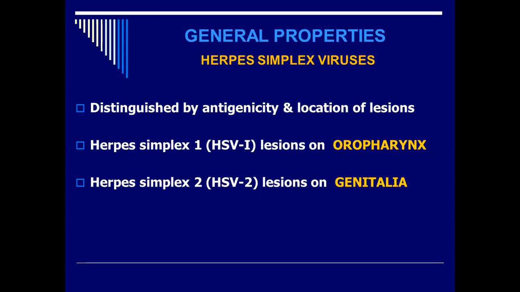Herpes simplex 2 forms lesions below the waist, particularly in the male and female genital organs. So broadly speaking, HSV1 infects above the waist, and HSV2 infects below the waist. Below the waist we have mostly genital lesions, and in the case of HSV1 above the waist, it is mostly the face and the oral cavity that are involved.